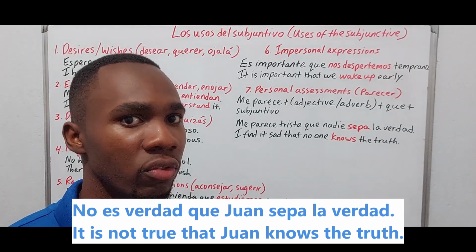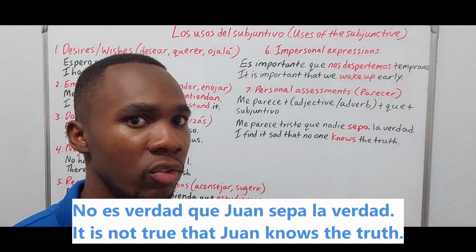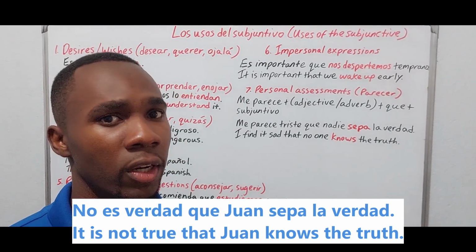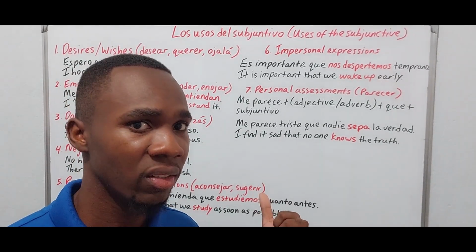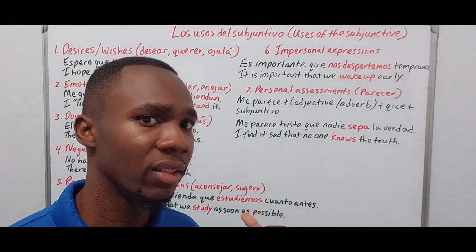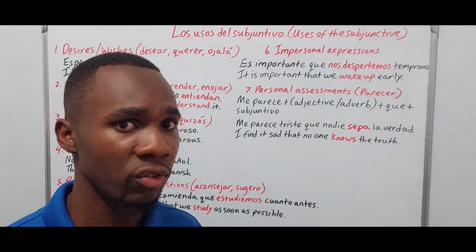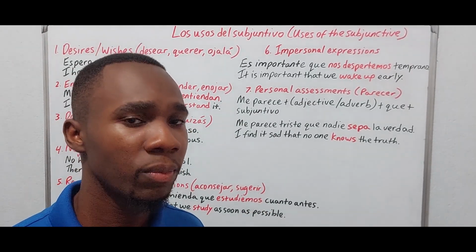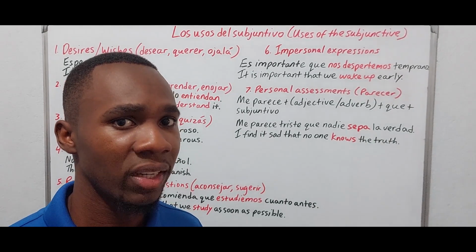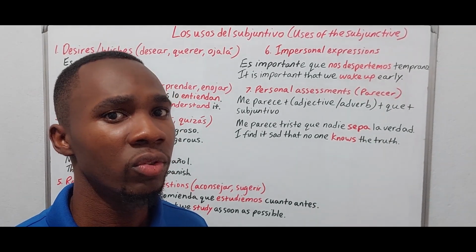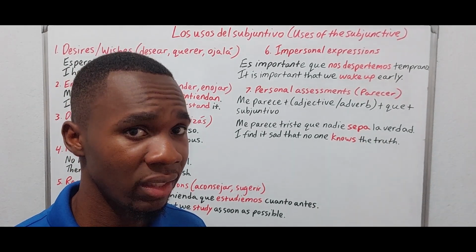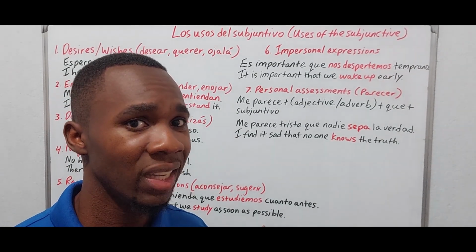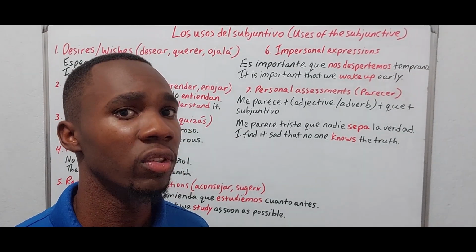It is not true that Juan knows the truth, right? So this is why negation is a key context in which the subjunctive is required. So all those expressions that I told you express certainty, we would use them with the indicative. But if we use them in the negative, we must use the subjunctive.